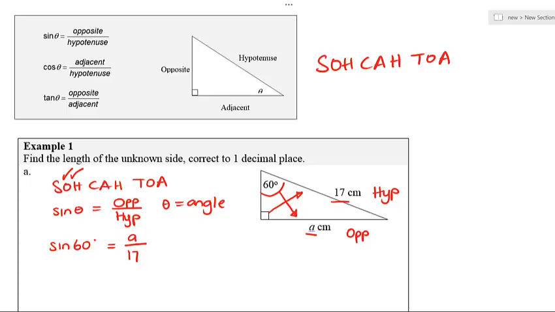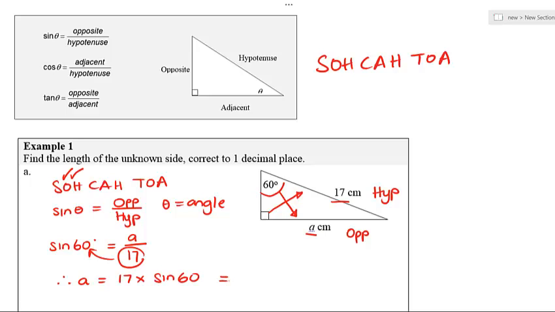A is on top, so A is the numerator, and when A is the numerator, the easiest way to solve for A is to times the denominator over. So to solve for A, A is the same as 17 times sine 60 degrees.